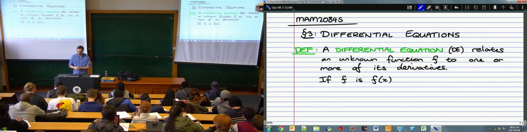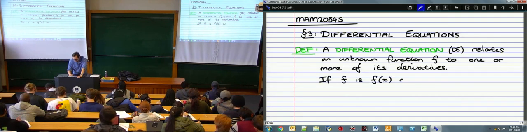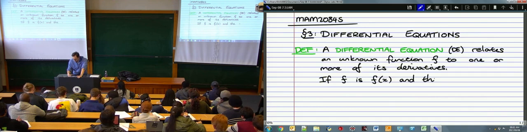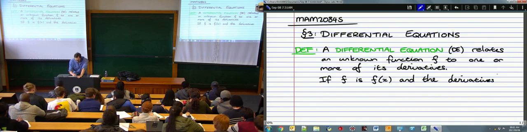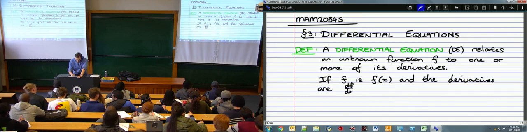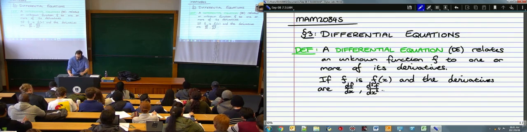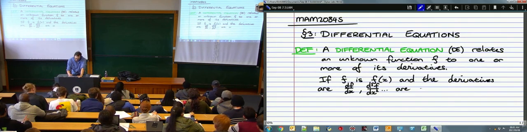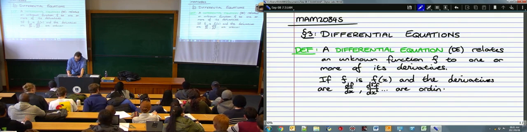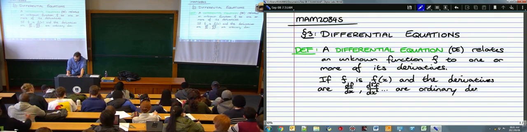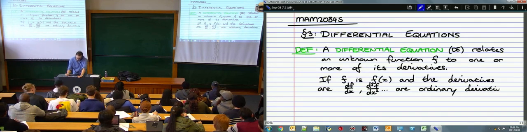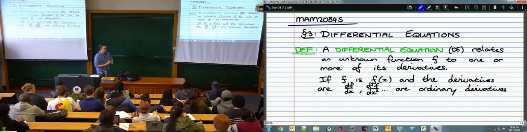So if f is really just a function of one variable, and the derivatives are df by dx, second derivative of f, right? And if the derivatives like this are ordinary derivatives, then we say this is an ordinary differential equation.